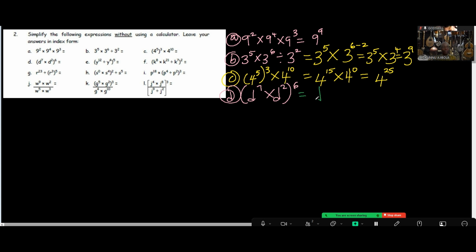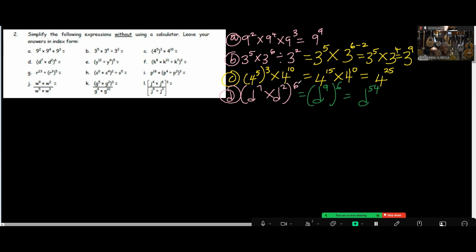That's going to be d raised to the power 7 times 6, that's 42. Or we can firstly solve the bracket. The one in the bracket, add the powers. So that's 7 plus 2, that is 9. Then also raised to power 6. And this is going to be d raised to power 54, because 9 times 6 is 54.